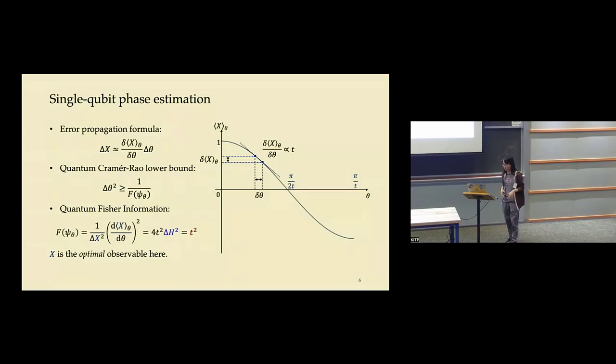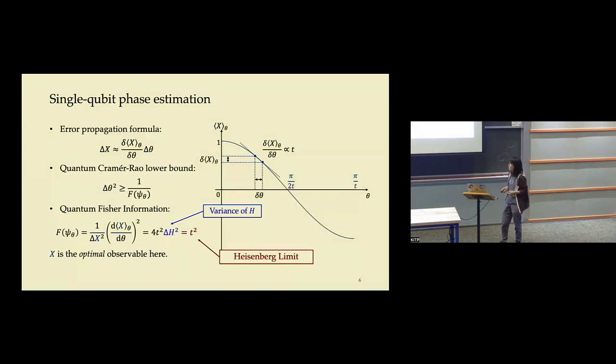There are two important parameters I'm going to point out here. The first is that the quantum Fisher information is linear in the variance of H, where H is the Hamiltonian you try to estimate. The larger the variance of H in the quantum state, the more sensitivity you have in this quantum estimation task.